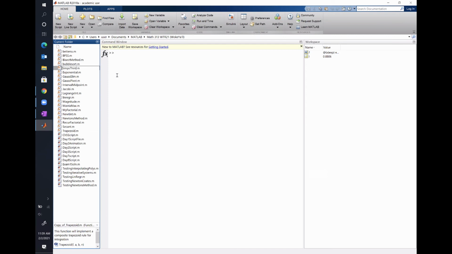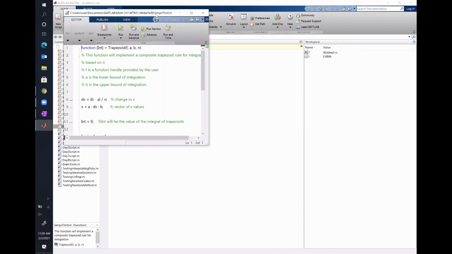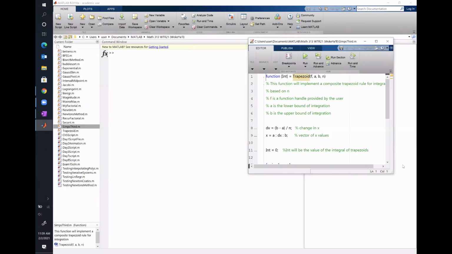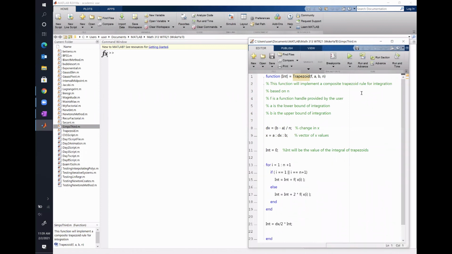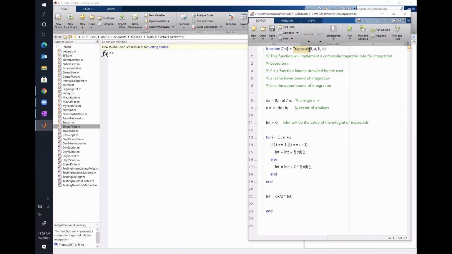I'm gonna call it Simp's third. So I have to change some stuff, but it's gonna be roughly the same skeleton. So I gotta change the name to Simp's third. FAB are gonna be the same.